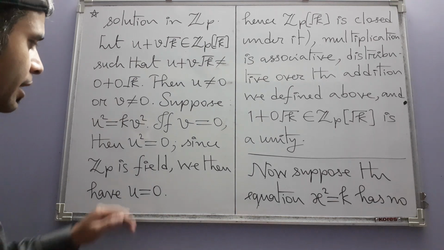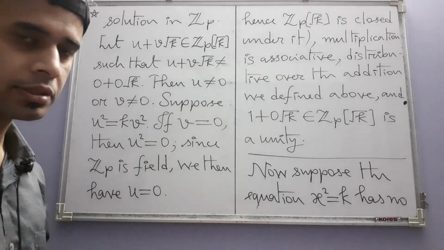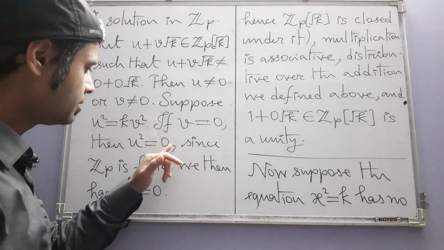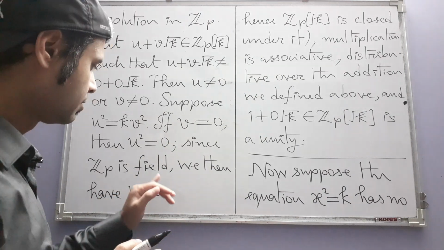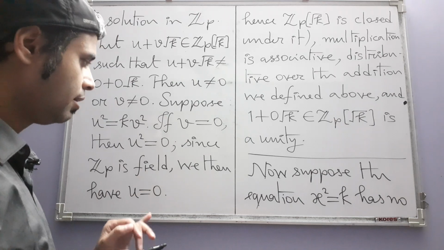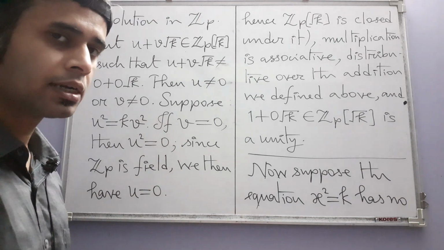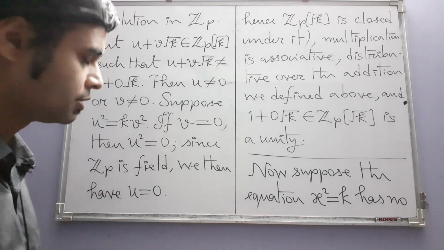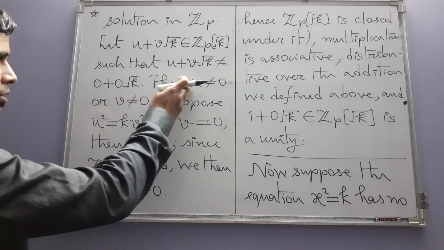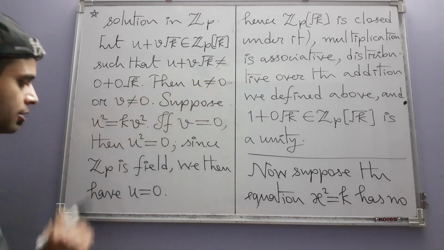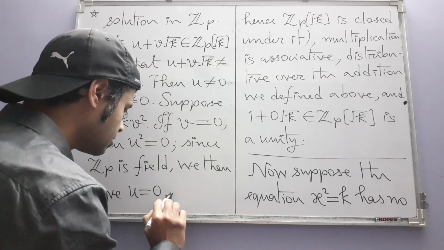Why? That is because if u is non-zero but its square is 0, then by definition u becomes a zero divisor. But Z_p is a field, being a field, it's an integral domain, it cannot have a zero divisor. So that's why u also has to be 0. But then we have violated this condition, a contradiction.